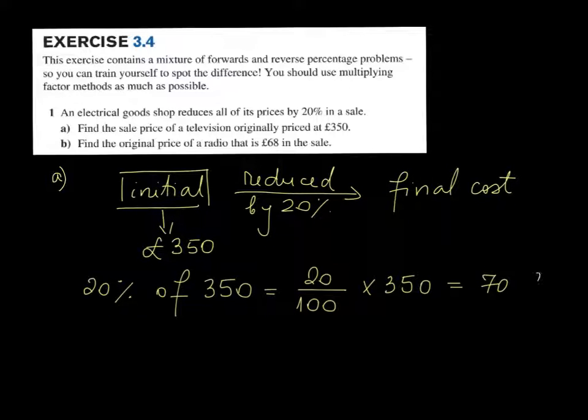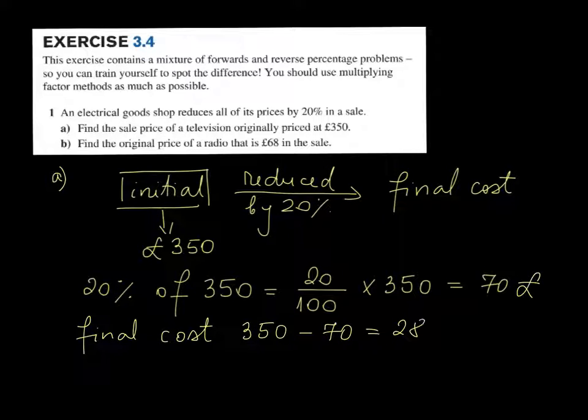This is by how much the price is reduced. So the final price will be, if I reduce 350 by 70, 280 pounds, and this is my final cost.